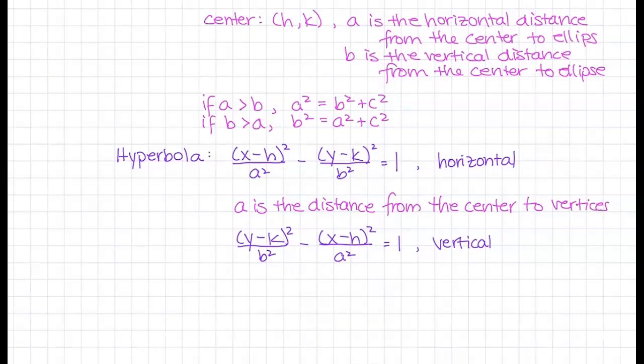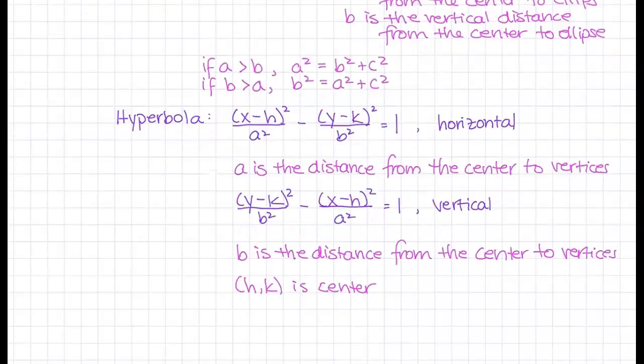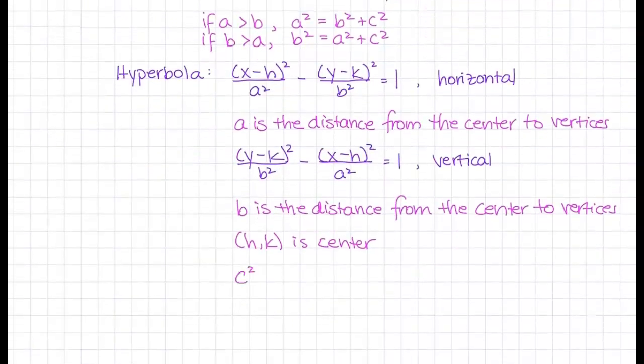But if it's a vertical hyperbola, then b is the distance from the center to the vertices. But (h, k) is always the center. And then finally for the hyperbola, it's this equation: c^2 = a^2 + b^2.